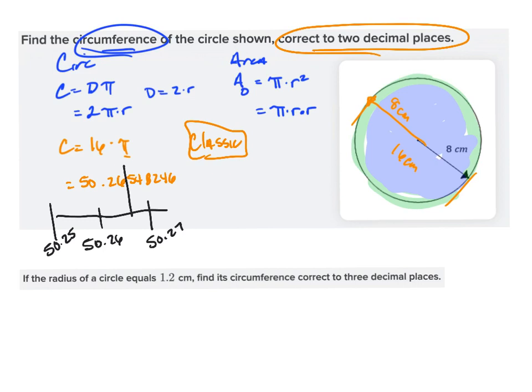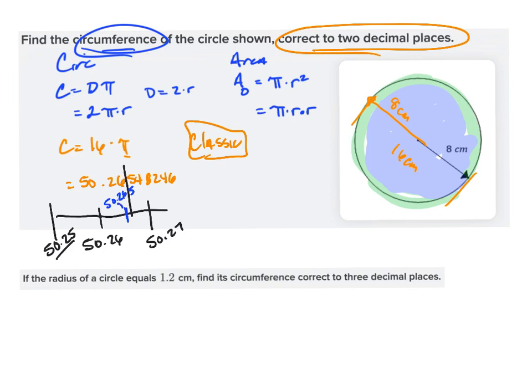Now, I only write that because when we say round down, I'm worried some students will pick this. But the question is, if I look, 50.265 would be right here.